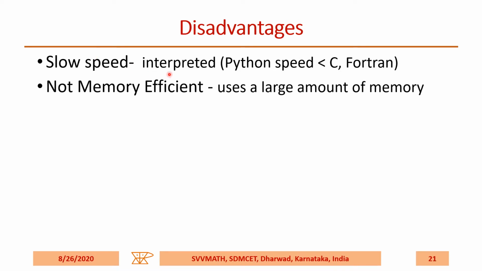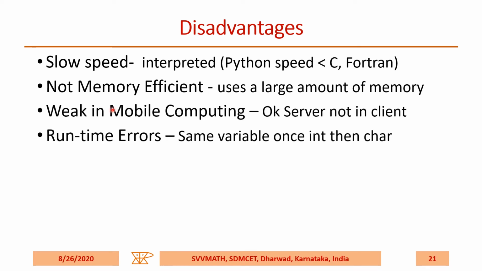Disadvantages: slow speed because it's an interpreter. Python speed is less than C, Fortran, and memory is not utilized efficiently. It uses a large amount of memory. Weak in mobile computing. It's good for server, not for the client. Runtime errors: the same variable you can use as an integer once, later you can use as a character.